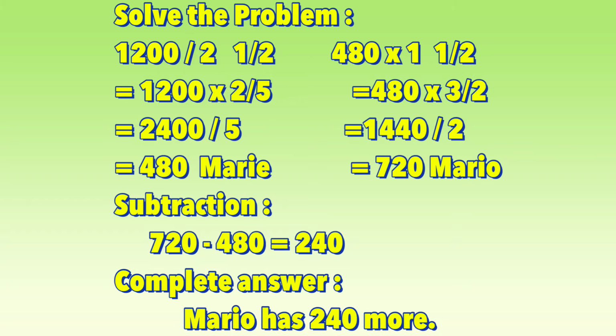The problem asks for how much more money does Mario have than Marie. So the difference. Since Mario has 720 and Marie has 480, we have to minus: 720 minus 480. We have 240 pesos. So our complete answer now, Mario has 240 pesos more.